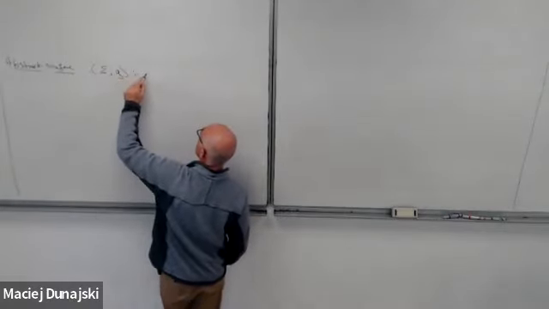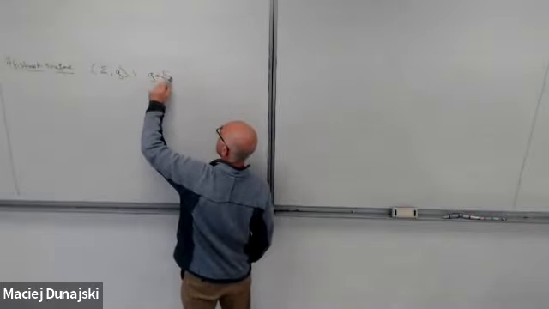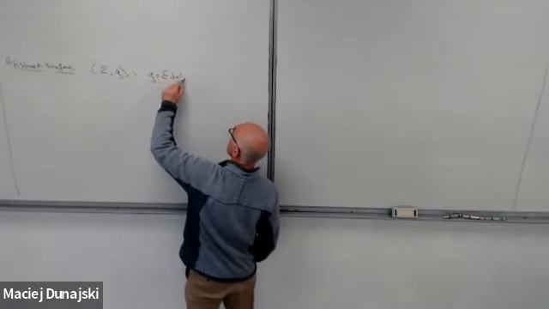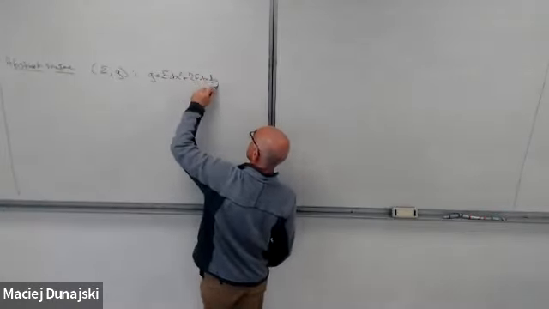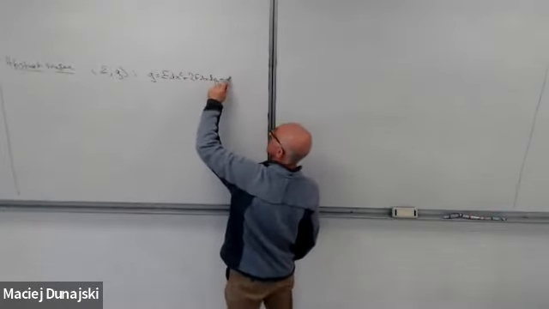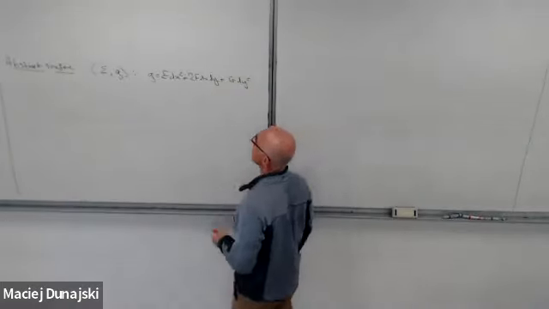And this Riemannian metric is still of the form E dx squared plus 2F dx dy plus G dy squared.